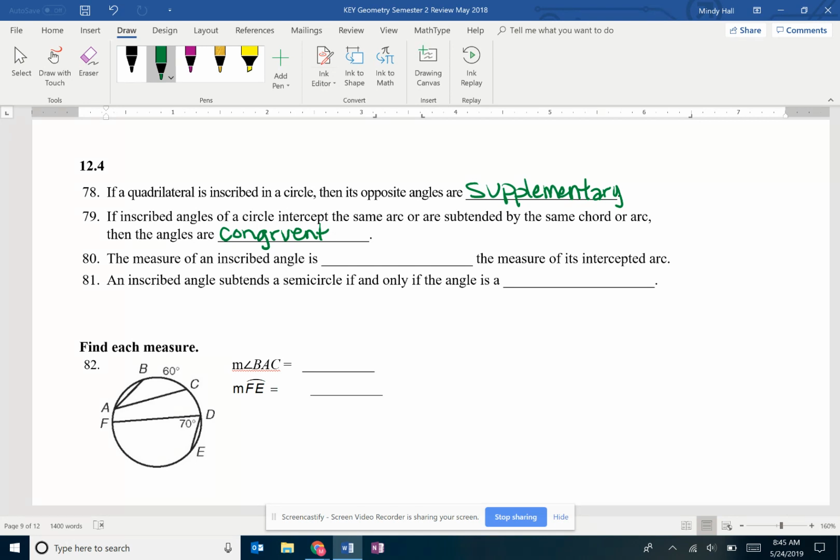The measure of an inscribed angle is half the measure of its intercepted arc. So that's like those ones. This was 100, this one would be 50. And then an inscribed angle subtends a semicircle if and only if the angle is a 90-degree angle or a right angle. And that is because it's going to be half of 180 degrees.